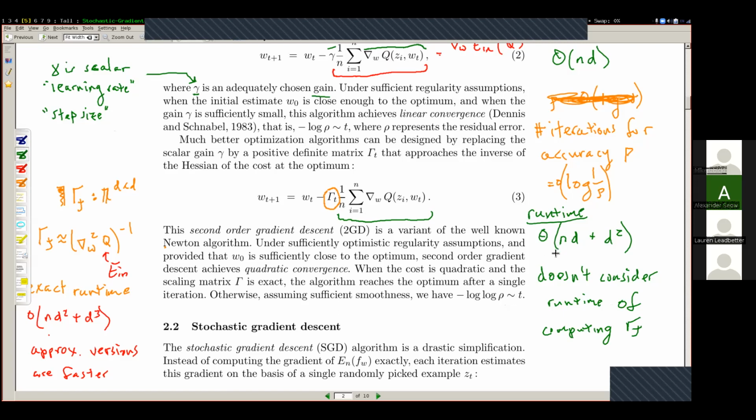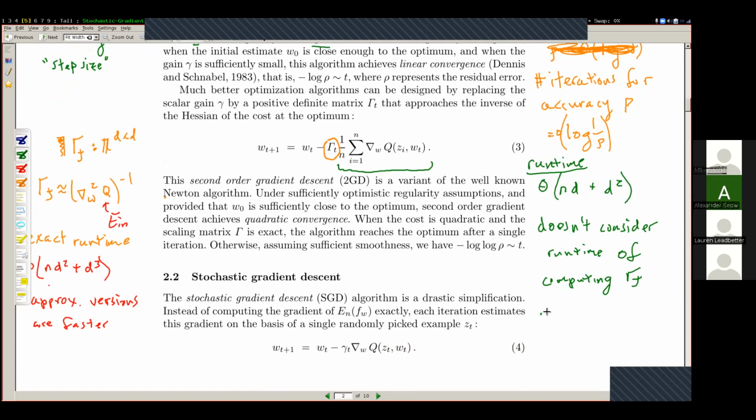The advantage of the second order algorithm is that the number of iterations that you'll need is going to be much smaller. So here it's not just the log of rho, but the log of the log of rho. And so the number of iterations is going to be O of log log 1 over rho.